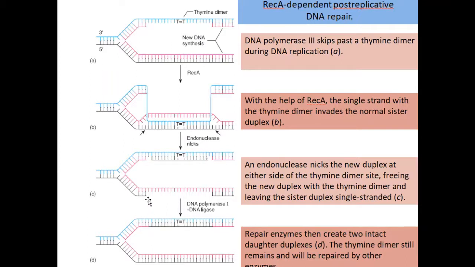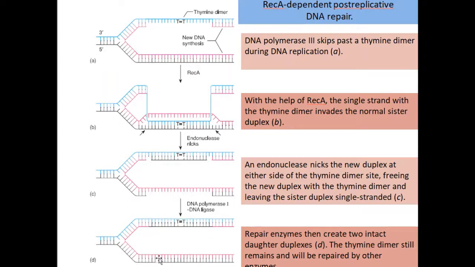So you're swapping or exchanging a particular strand of DNA from the newly formed properly synthesized DNA to the improperly synthesized DNA, complementary to the improperly formed DNA strand which had a thymine dimer. Thereafter, what happens? DNA polymerase 1 and DNA ligase come and act.